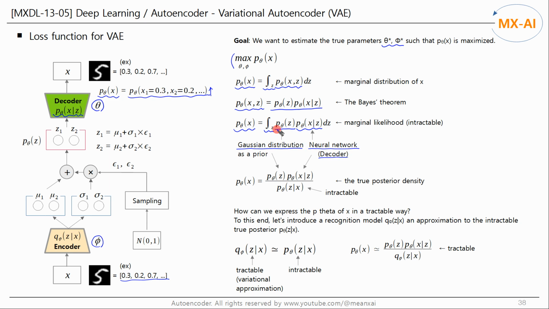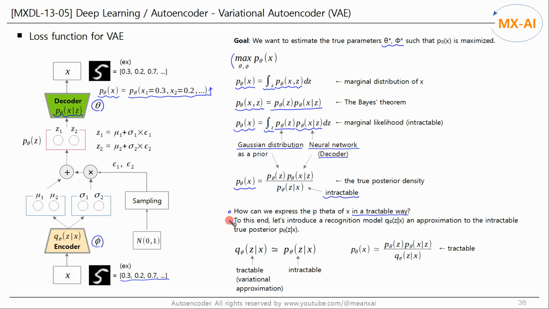That is, we cannot evaluate or differentiate the marginal likelihood. This time, let's use Bayes' rule to express the p theta of x as follows. This expression is also intractable because the denominator is intractable. So how can we express the p theta of x in a tractable way?